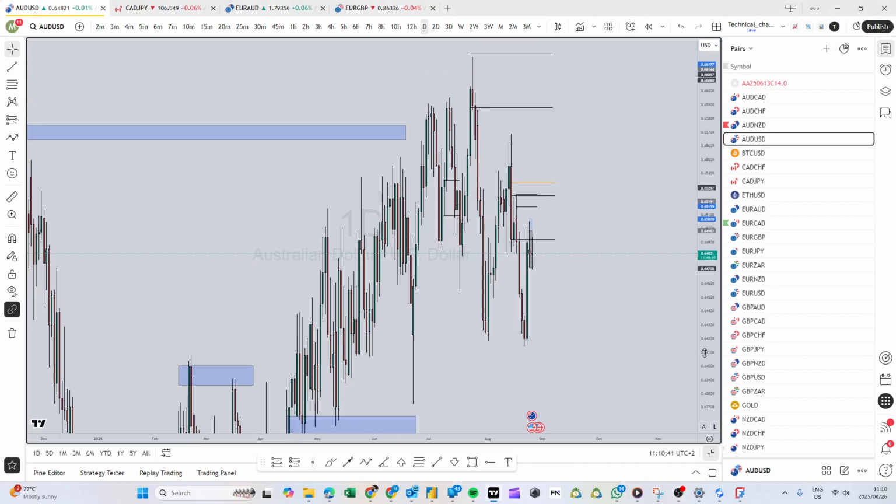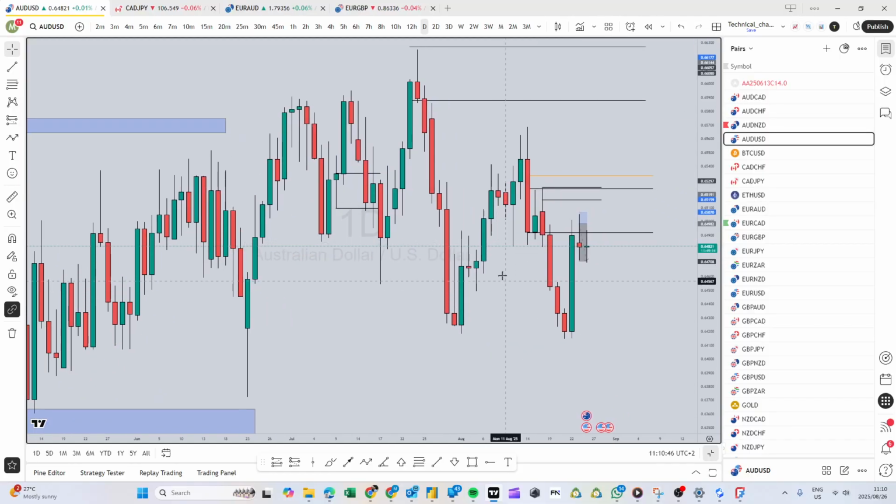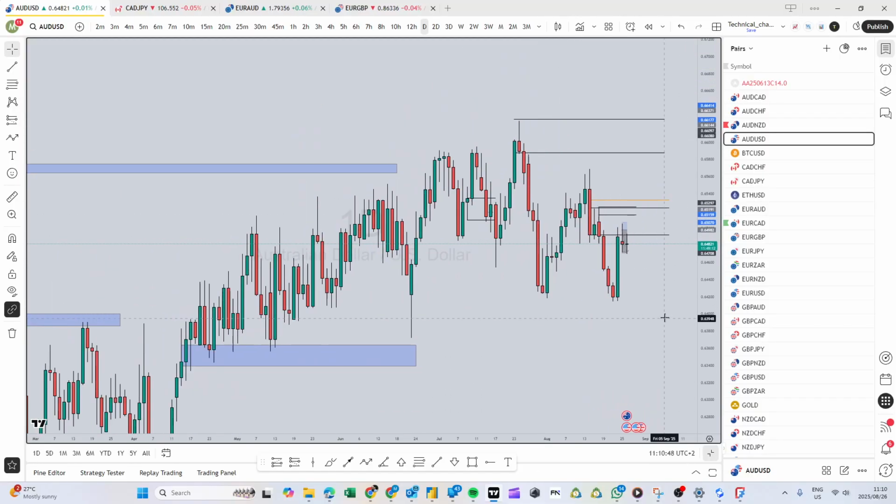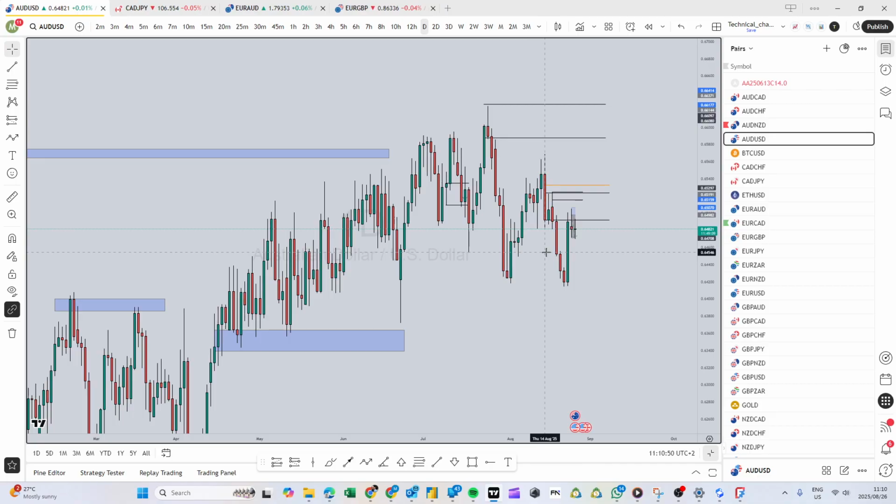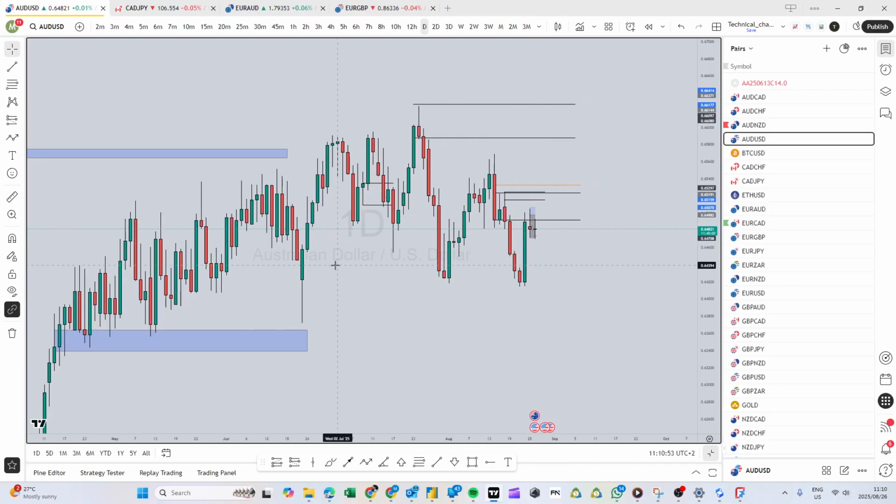From this daily time frame, you can see that we are having a market that has made a new low, and then we made a lower high, and then we're supposed to have made a new low, but we failed to make a new low.